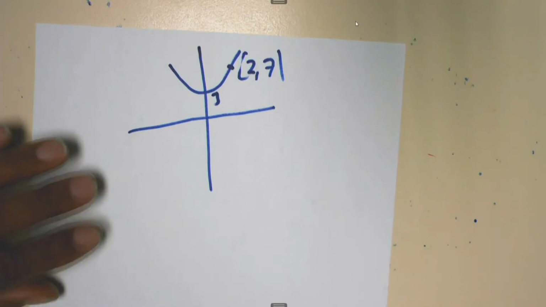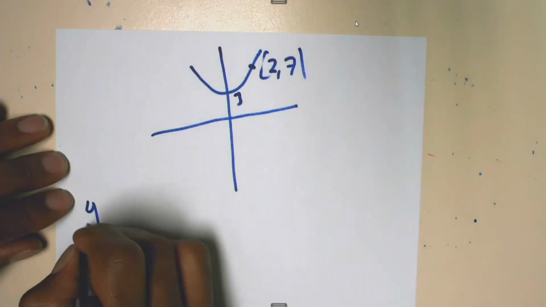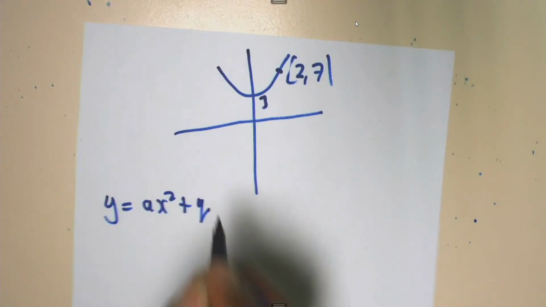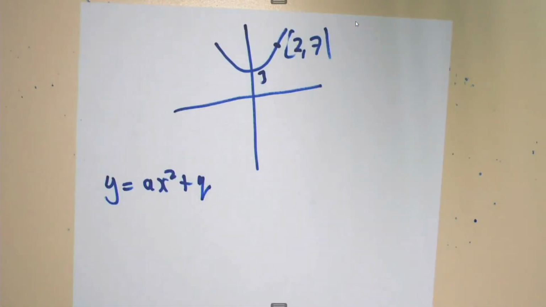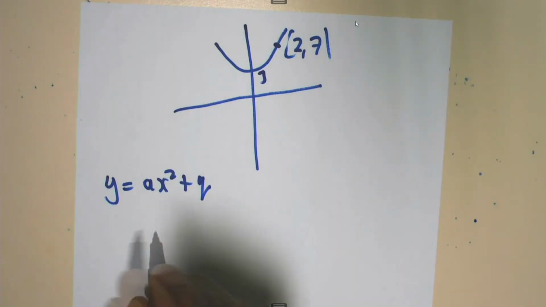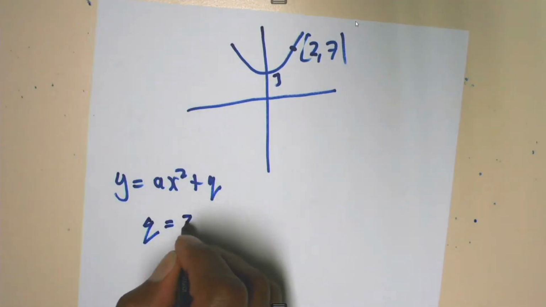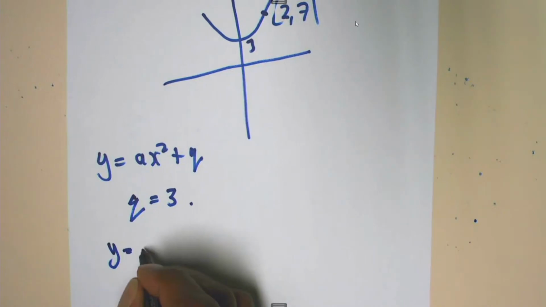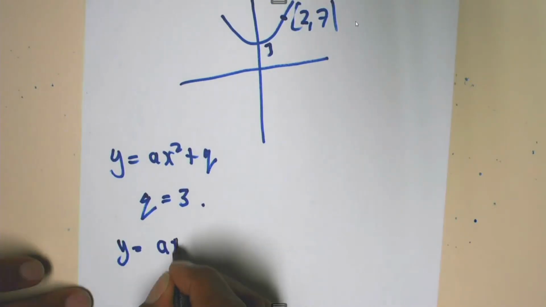Okay, they say we must determine the equation in the form y equals ax squared plus q. Then you still remember, what is a q? We said q is the y-intercept, right? So in this case, q is equal to 3. Then I can substitute it. Then I can now say y equals ax squared plus 3.